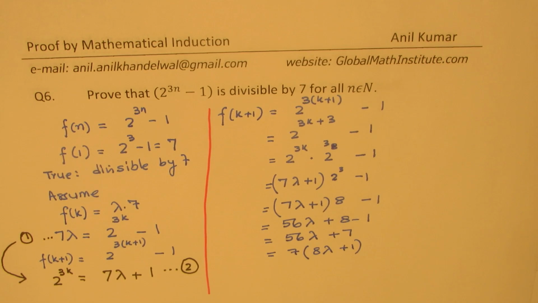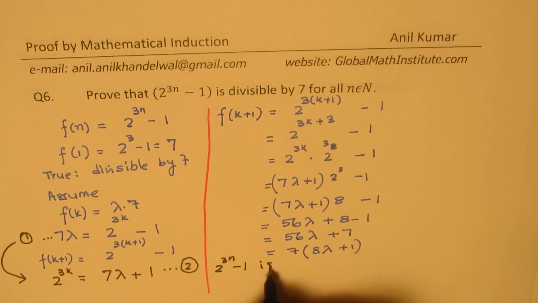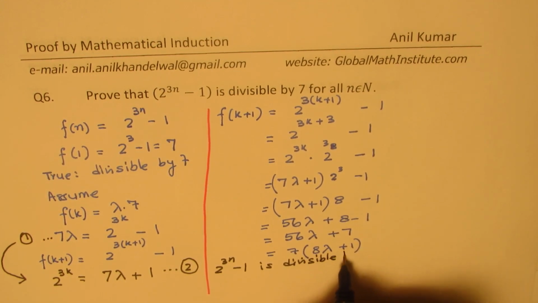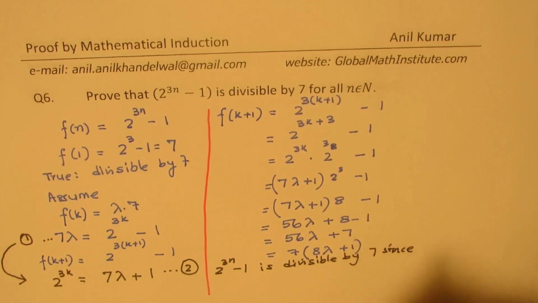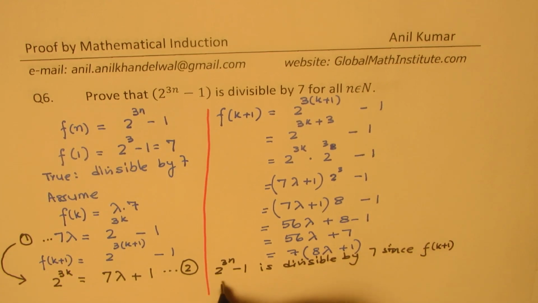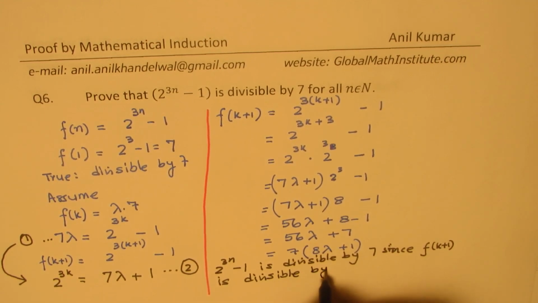So clearly, what we have shown here once again is that 2 to the power of 3n minus 1 is divisible by 7, since f of k plus 1 is divisible by 7.